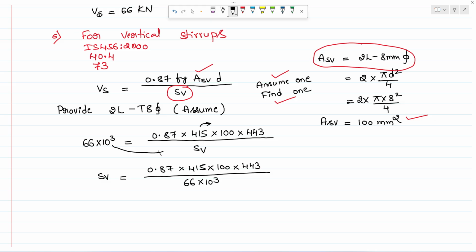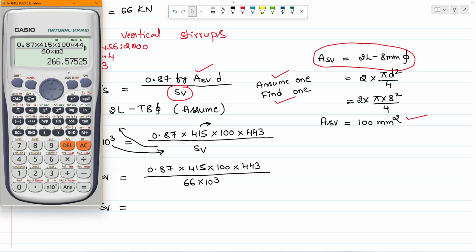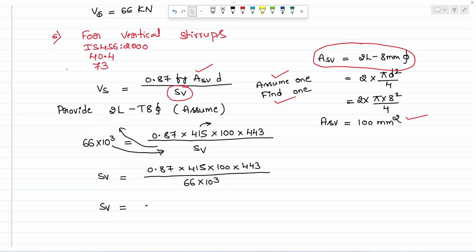I have taken this here and this SV here. So SV spacing comes out to be 242 millimeter.